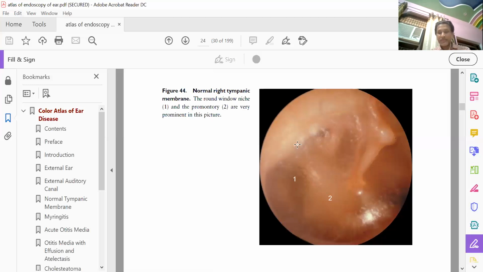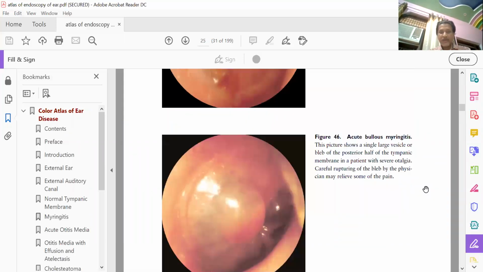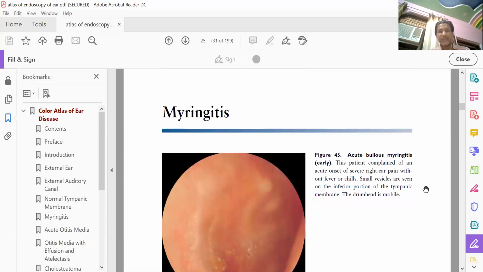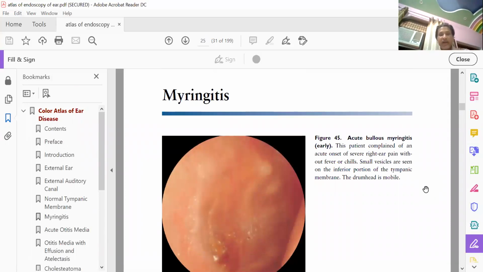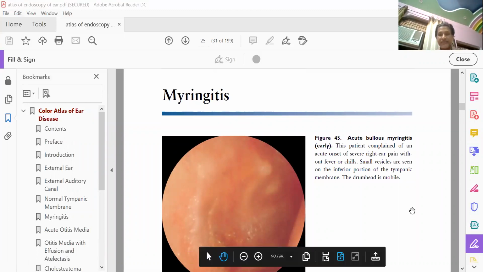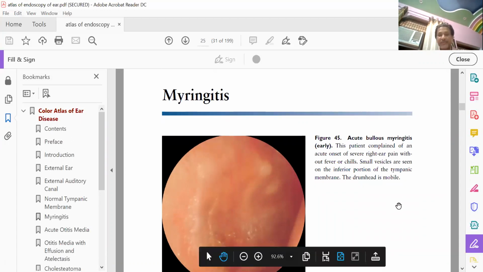In the next slide, this is a routine observation in a normal tympanic membrane. Now we will go through myringitis. What is myringitis? The word myringitis is used when there is an isolated inflammatory response of the tympanic membrane, when the middle ear is normal and only the tympanic membrane is involved.